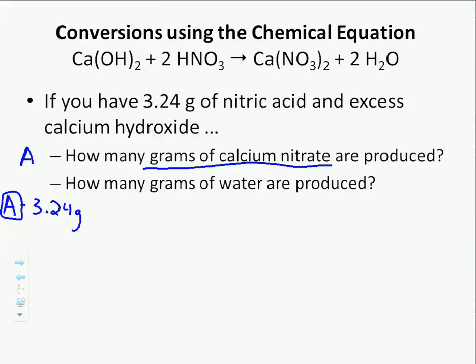3.24 grams of nitric acid. And if you want to pause it right now, I really do suggest you give this a try, because giving it a try will help you get it more, and then you can double check yourself and see if you're doing it correctly. 3.24 grams of HNO3. We need to convert from grams to moles. In order to do that, we use the molecular weight of HNO3.